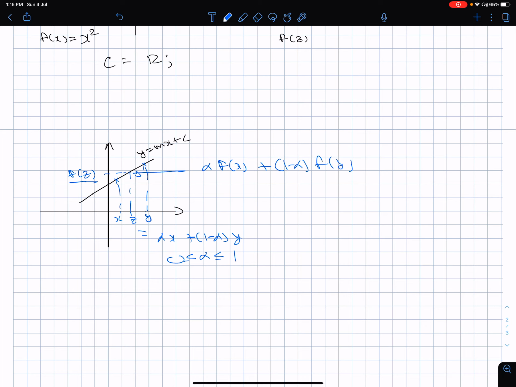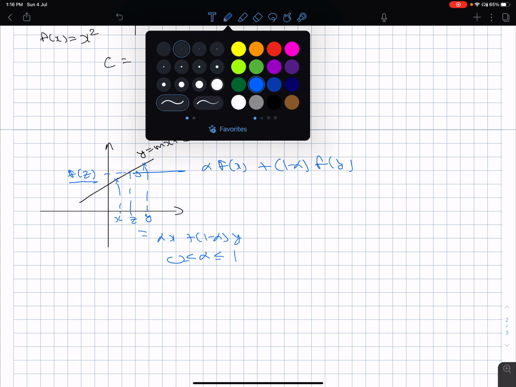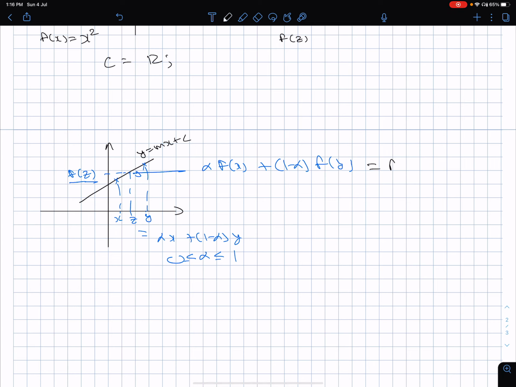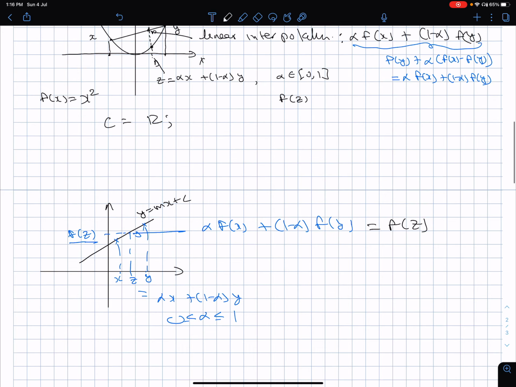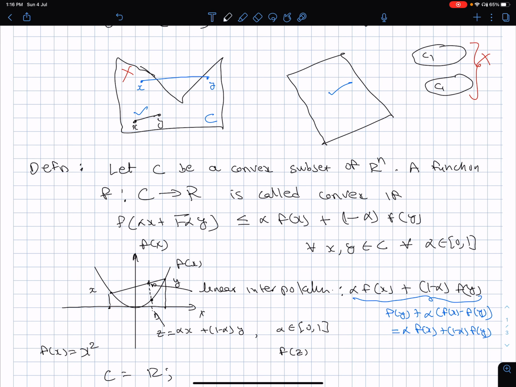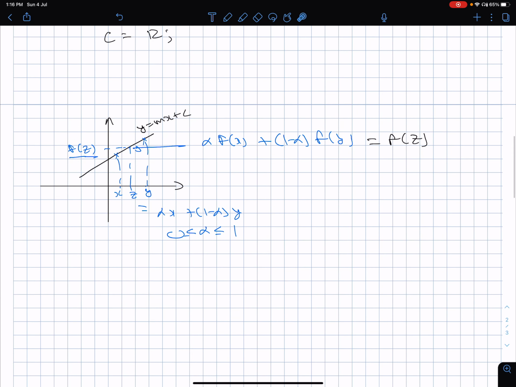This is also the linearly interpolated value, because you connect the straight line between f of x and f of y, and then come back alpha distance on this interpolated value. This is what you get. But the function value is also the same. So by definition, this holds at equality, and if it holds at equality everywhere, then our definition is valid.